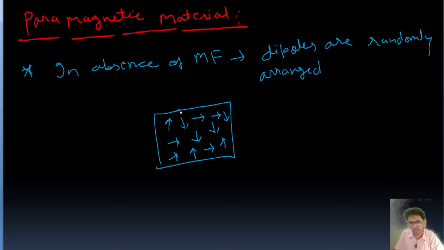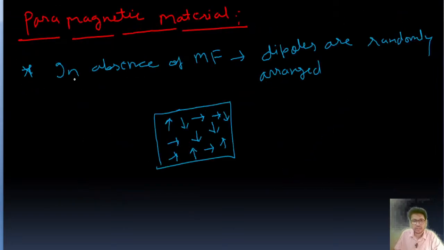If you put this paramagnetic substance in a magnetic field, these dipoles will align themselves parallel to the magnetic field, in the same direction as the field. Initially, as they start aligning, the magnetization increases. But after some time all dipoles get aligned in the same direction, parallel to the magnetic field.